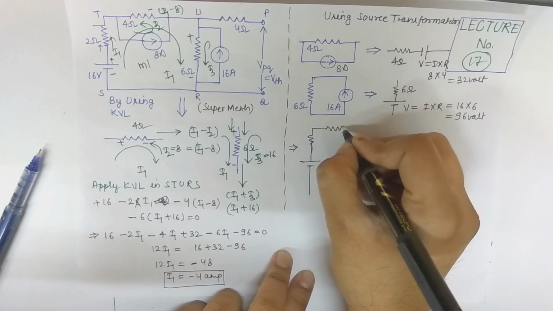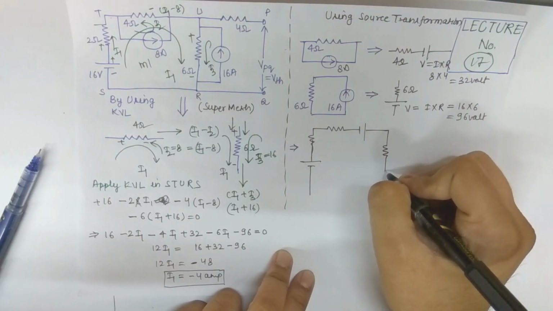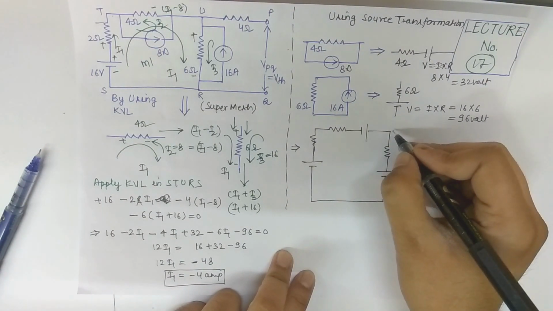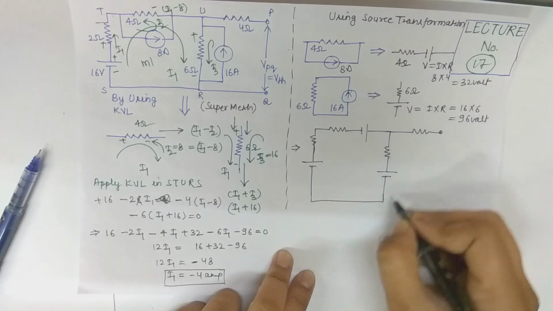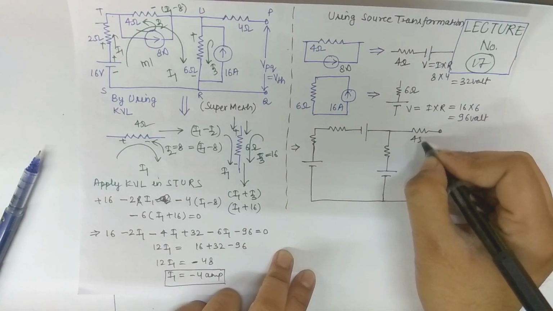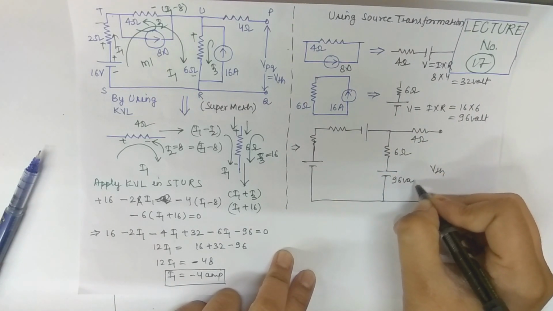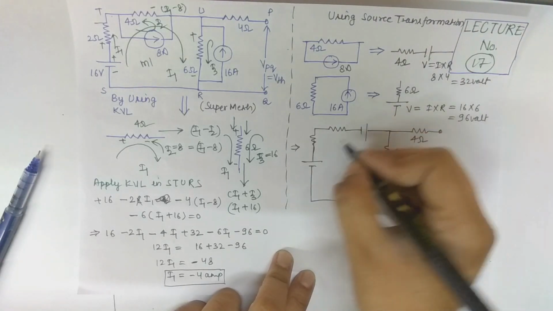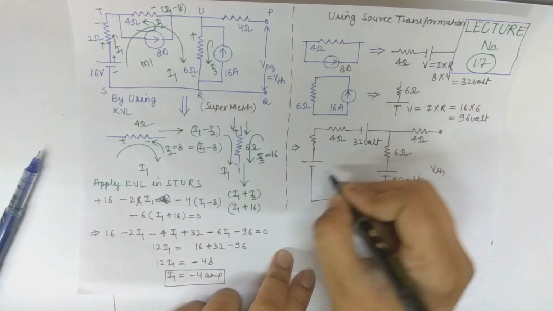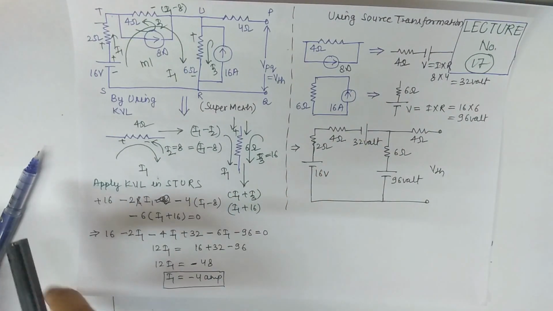This is the resistance, this is the battery, this is the resistance and this is the battery, and here the 4 ohm resistance, and this is VTH, this 6 ohm, this 96 volt, this 4 ohm and 32 volt, and this we already know 16 volt and 2 ohm. So this is the whole circuit.